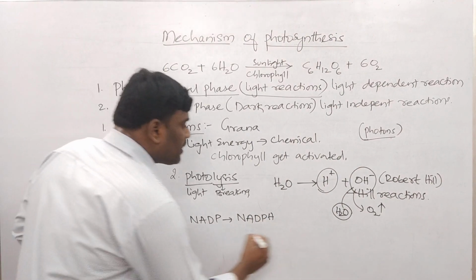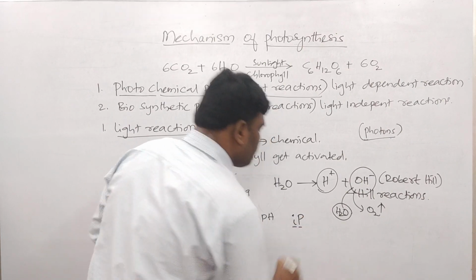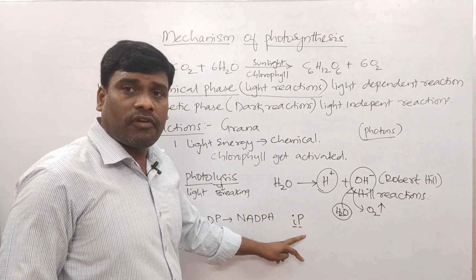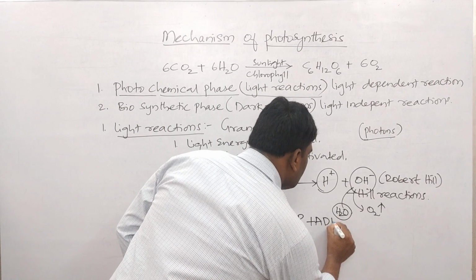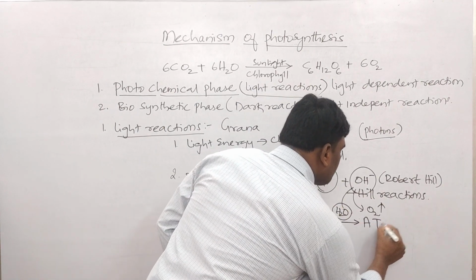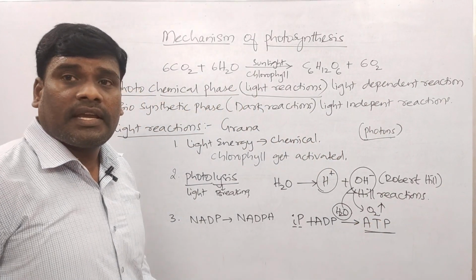This inorganic phosphate, IP, we call it inorganic phosphate. This is an energy, children. This inorganic phosphate combines with ADP, adenosine diphosphate, and forms into ATP molecules, isn't it?